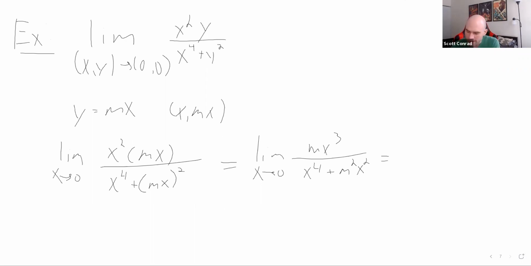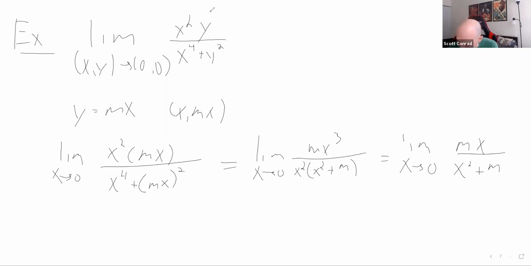We can factor the bottom and pull out an x squared, getting x squared plus m squared, and cancel an x squared top and bottom. So we get mx over x squared plus m squared.